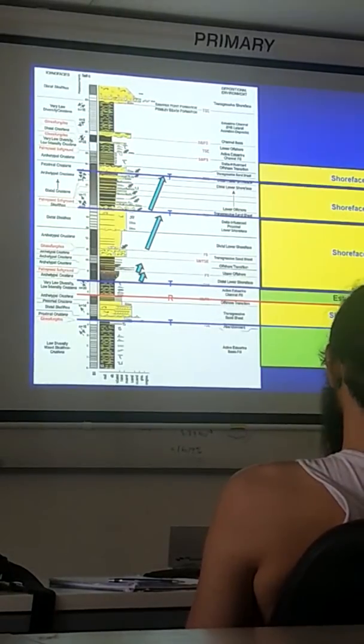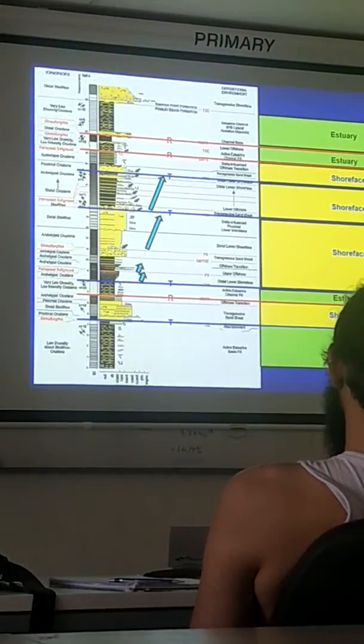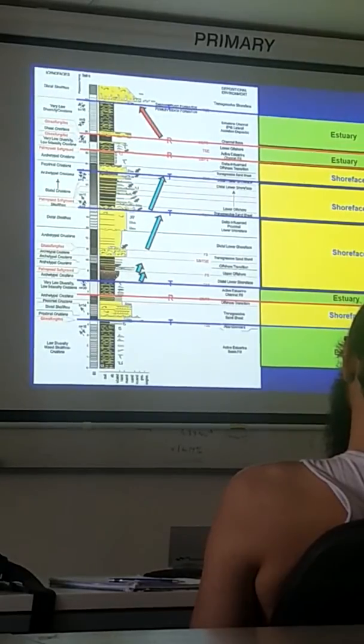There's another transgression, another shore face, another regression, another estuary, another regression, another estuary, another transgression, and that's where the Pebbly Beach formation ended, and this is the Snapper Point formation where we ended up looking at all the shells on the top.